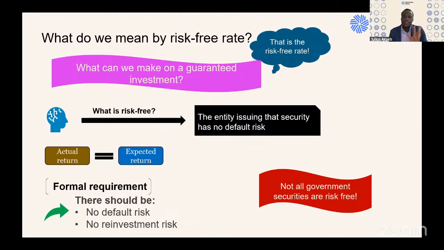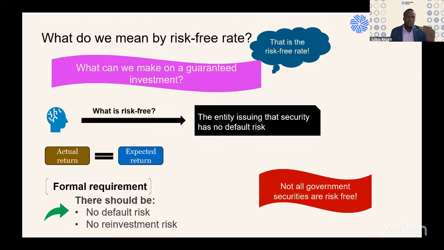Now, if there is no default risk, then a conclusion can be formed here. The conclusion is that if there's no default risk, then the actual return on the instrument will be equal to the expected return.